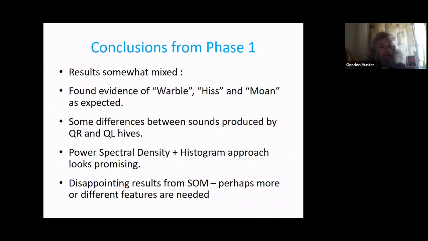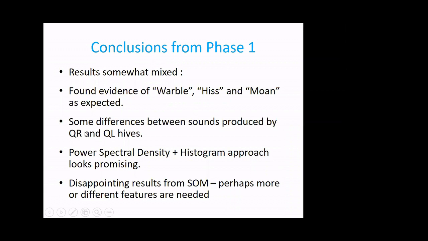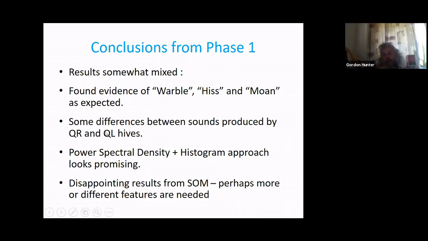Although the results were a little bit mixed, we did find evidence of three of the signals that earlier researchers had reported just by conventional means. And we did find evidence of differences between the queen-right and queen-less hives.